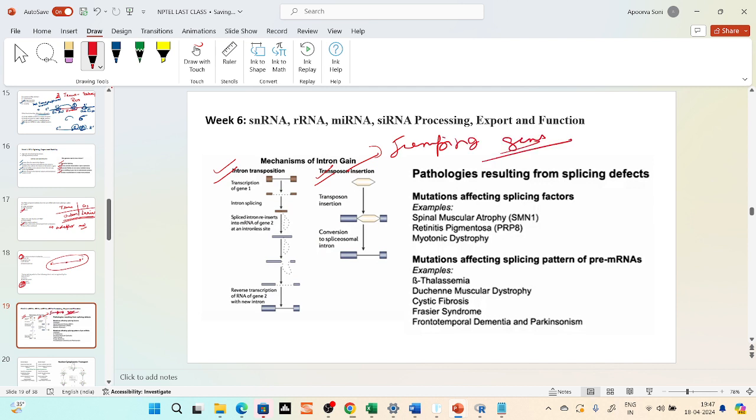And we have studied the different pathologies which result from splicing defects. Here what is important? Spinal muscular atrophy, this is important. Retinitis pigmentosa, this is important. Beta thalassemia, this is important.